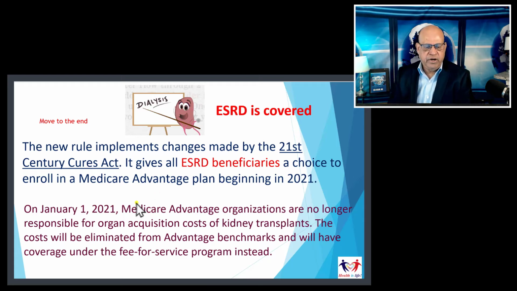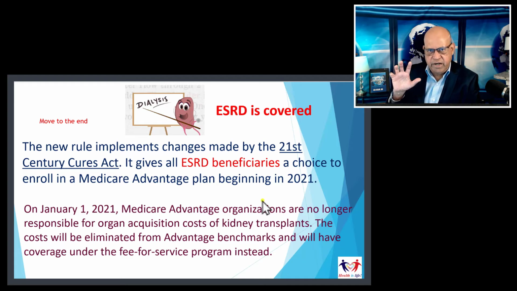As of January 1, 2021, Medicare Advantage organizations are no longer responsible for organ acquisition costs of kidney transplantation. The costs will be eliminated from the Advantage benchmark and will have coverage under a fee-for-service program instead.